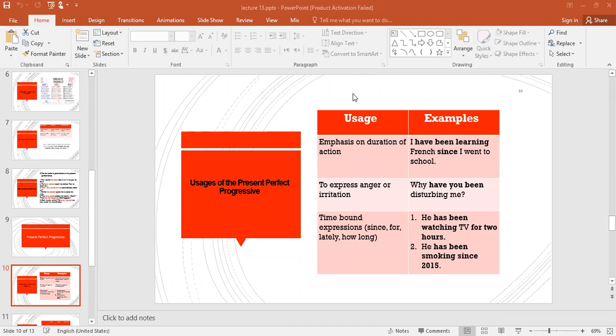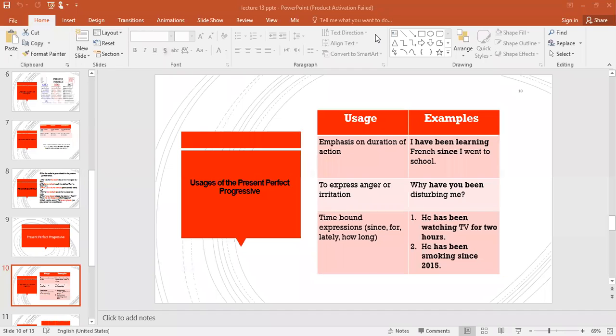The second example, Ghadi: to express anger or irritation.